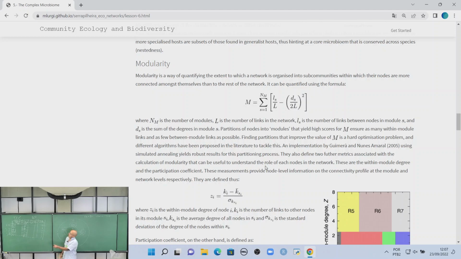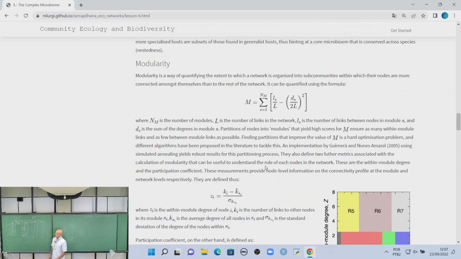Here, this number is the number of modules, so it's the sum across all of the modules of the links within that module divided by the total links of the entire network, minus the degree of all of the nodes in that module, divided by 2 times the number of links across the network, squared.